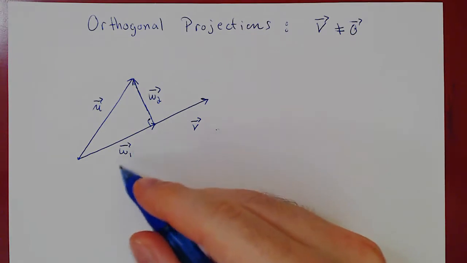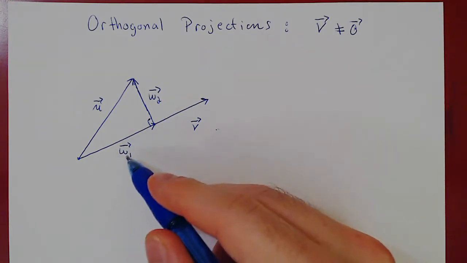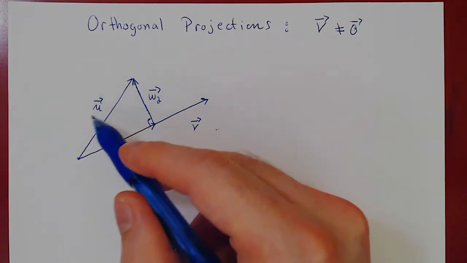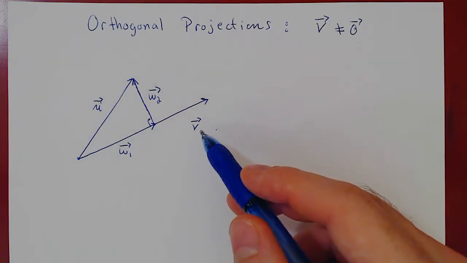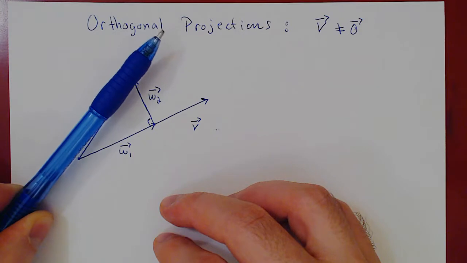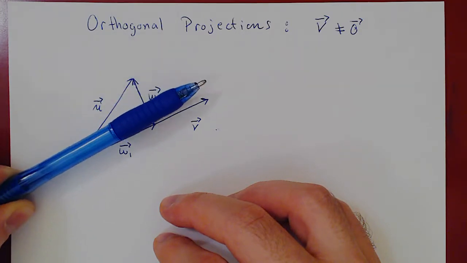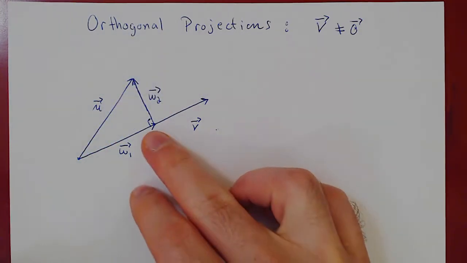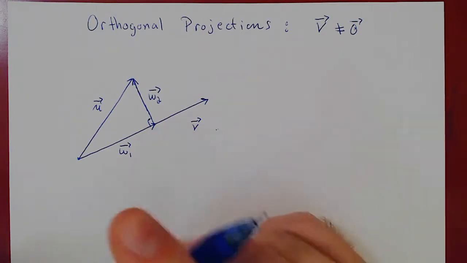And we give w1 a very special name. w1 is called the orthogonal projection of u onto vector v. So really just think of collapsing vector u onto vector v, but in a perpendicular fashion.